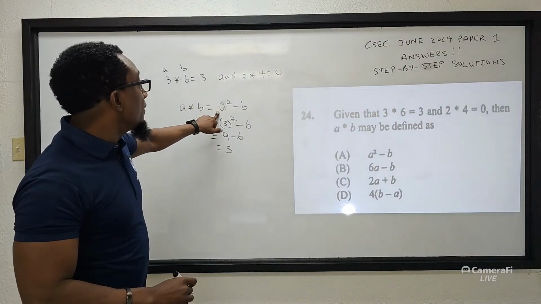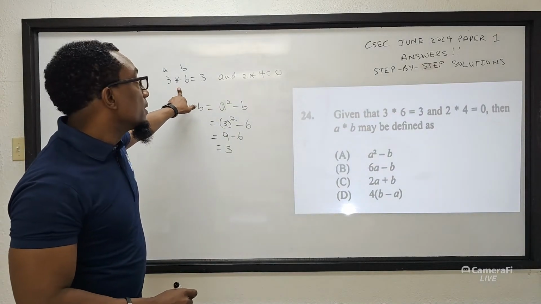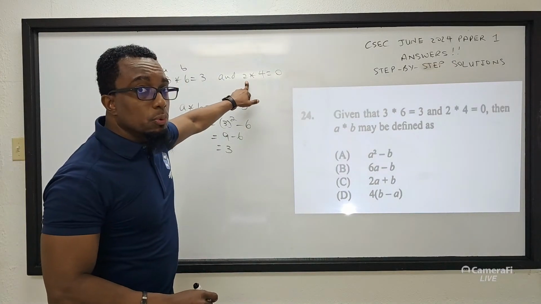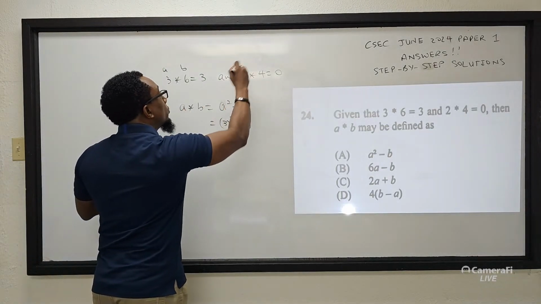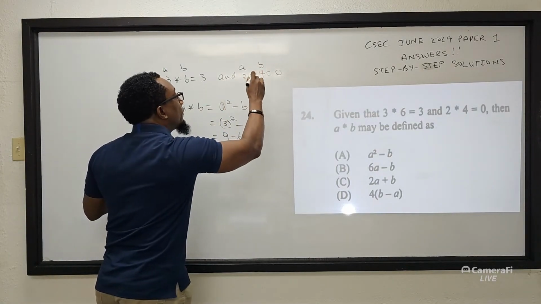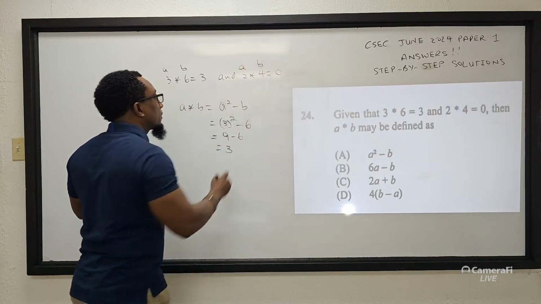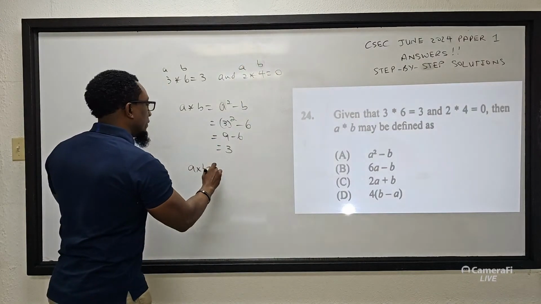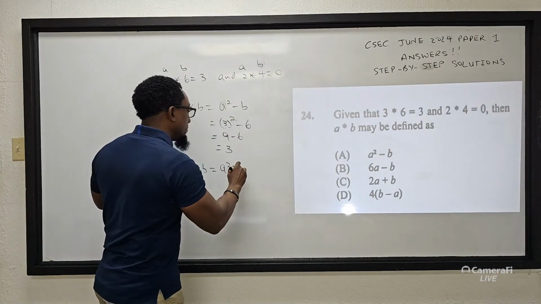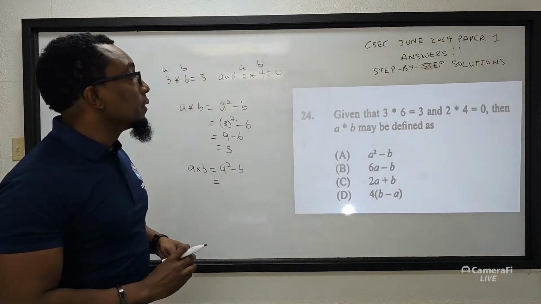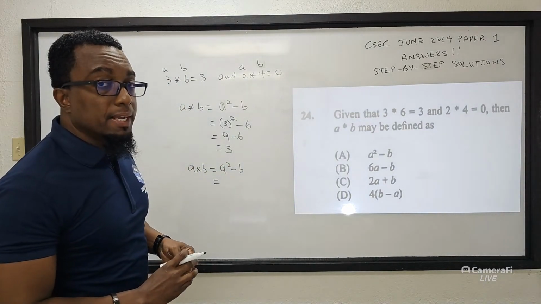So this so far works for 3 asterisk 6. Let's see if it also works for 2 asterisk 4. So I'm going to let A be 2 and B be 4, and use my expression A squared minus B. Let's see if I'm going to get 0.